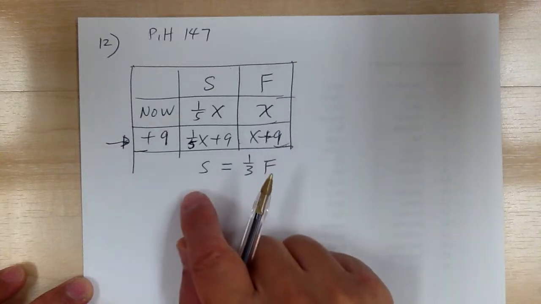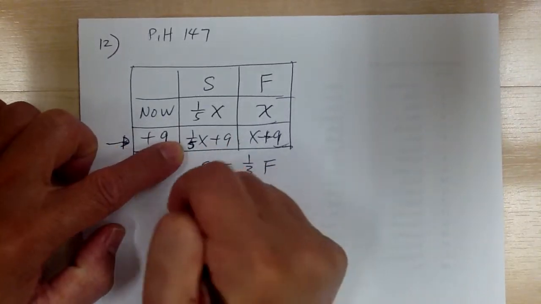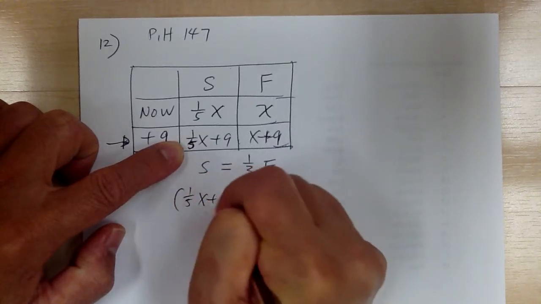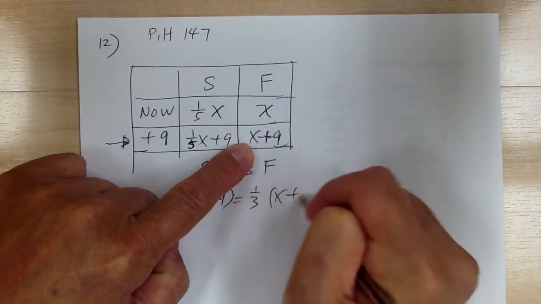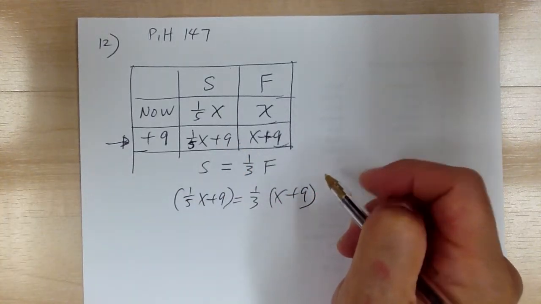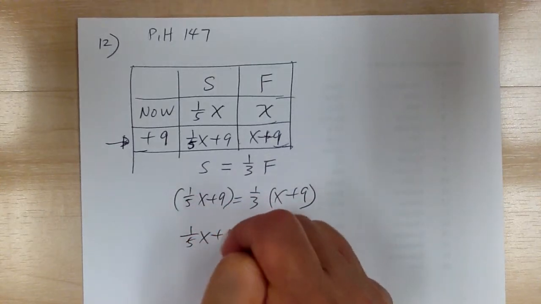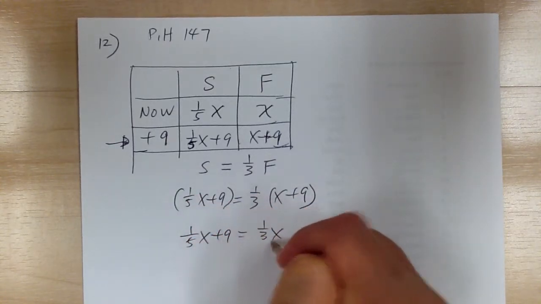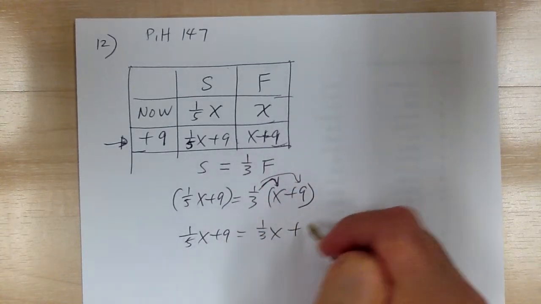Now you're going to do the substitution after you translate. So S is over here. So it'd be 1/5 x plus 9. The F is x plus 9. Okay, so multiply everything out to get rid of the parentheses. So you substitute, right? You distribute, multiply.